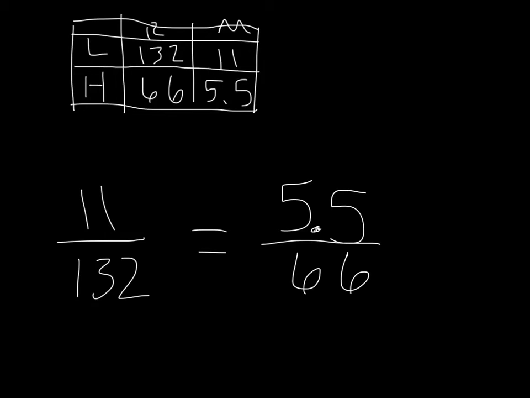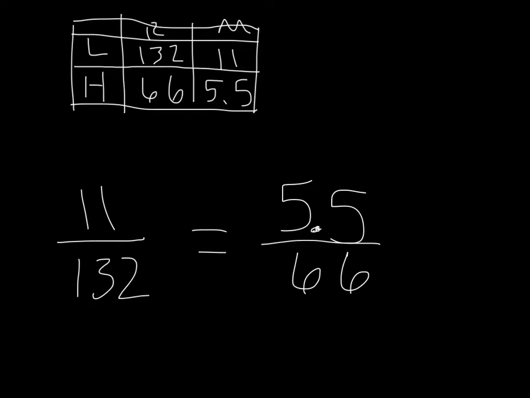From here, we need to separate these. Forget about cross multiplication. We have to separate them, and we actually have to simplify both ratios.